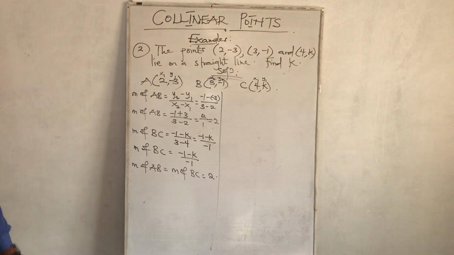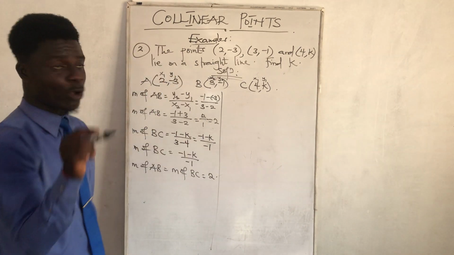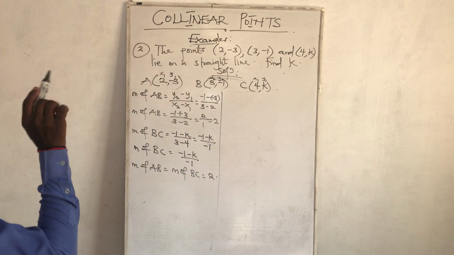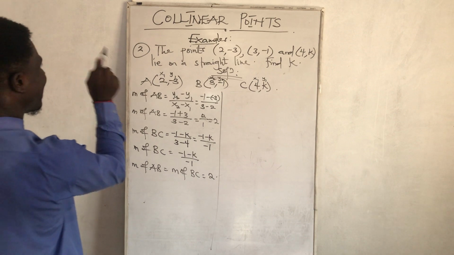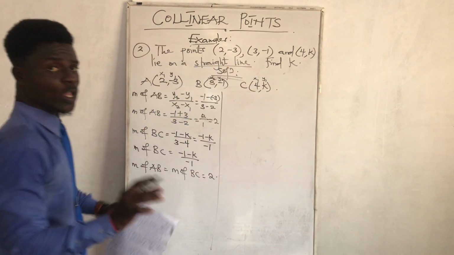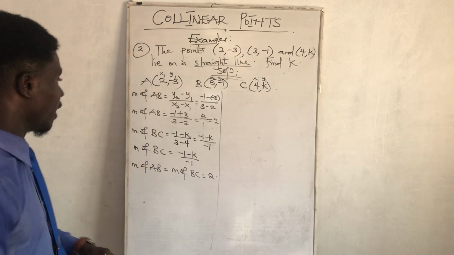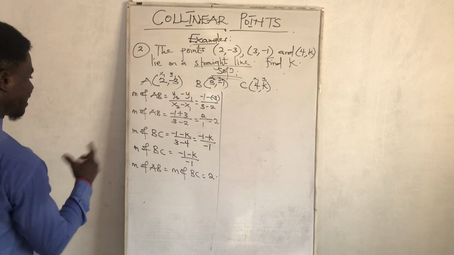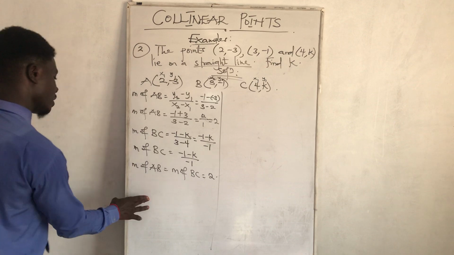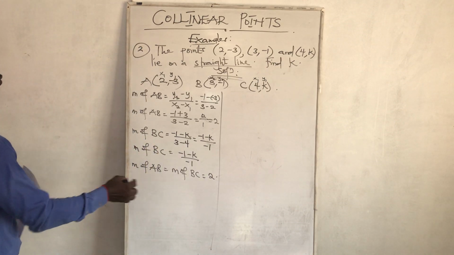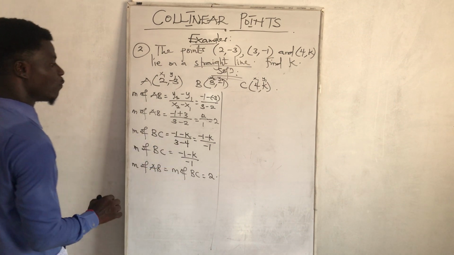So I can say that the gradient of AB is equal to the gradient of BC, which is equal to 2. Because it is stated in the question that the points lie on a straight line, so they are collinear. Then I use that to find the value of k.